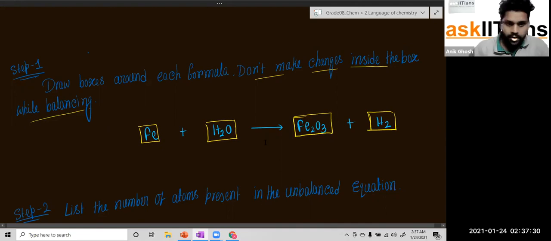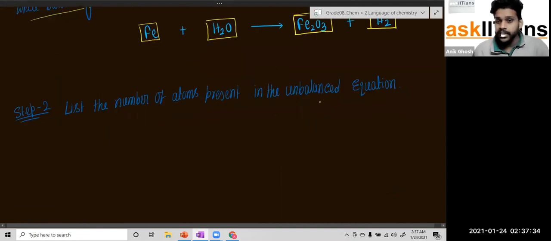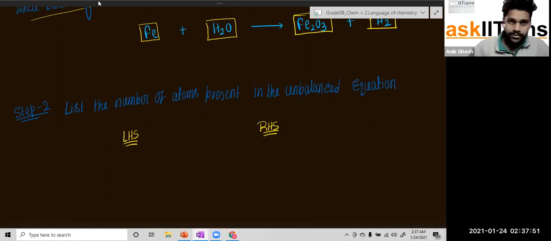Now, list the number of atoms present in the unbalanced equation. So what you have to do is make a list between the left hand side, the reactant side, and the right hand side. You need to keep track of the number of atoms over here. So let's do it.